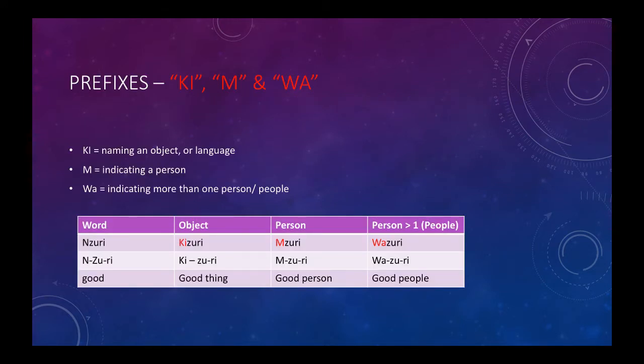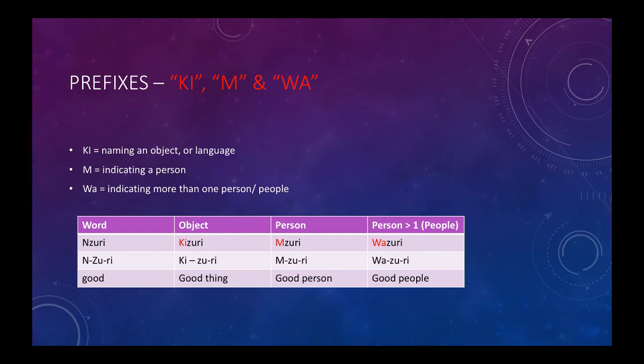The prefixes that are in red, ki, m, and wa, are to indicate a thing, an individual, and more than one person. In Swahili, the prefix ki is used to denote an inanimate object.